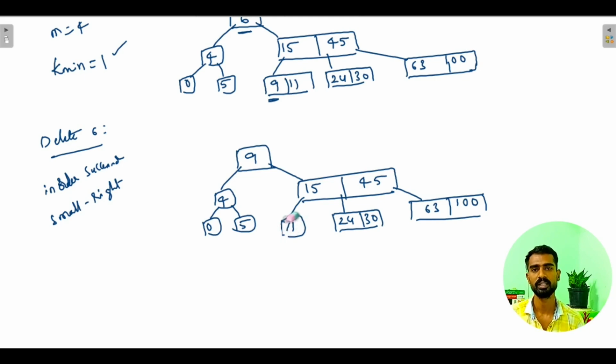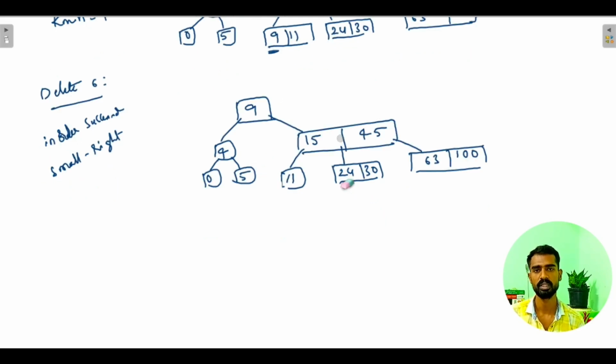In that case, we have to see if we can borrow from the sibling. The sibling of this particular node is this one, and since we have extra keys, I can borrow. If there are no extra keys here, then we have to merge these values and make that a new node, and this will be the new parent. We will come across that situation also, but do not worry, we will see how it can be performed.